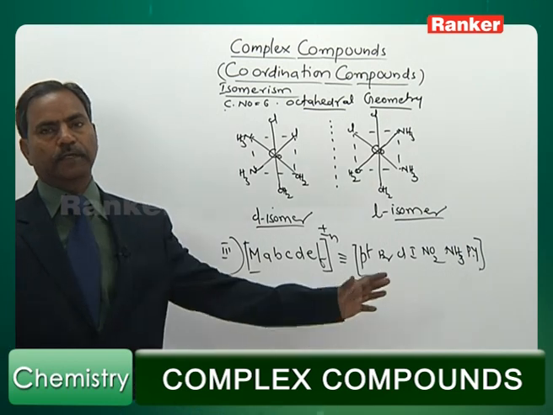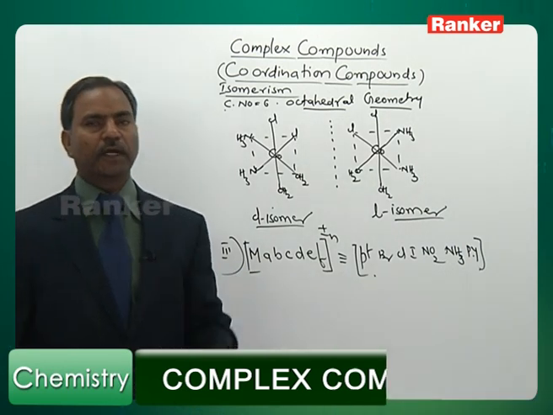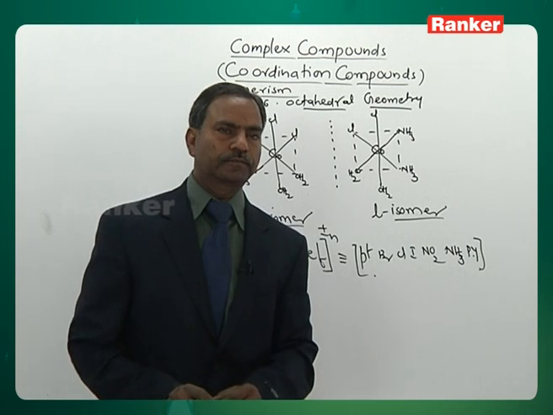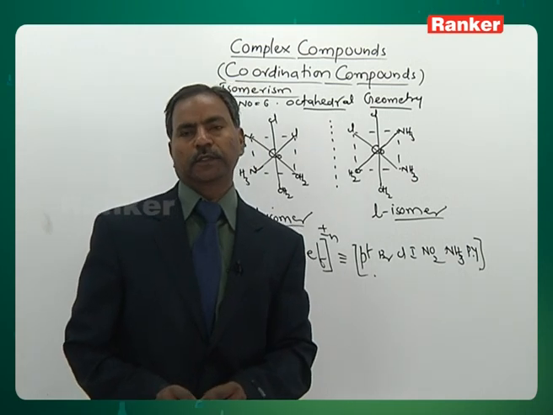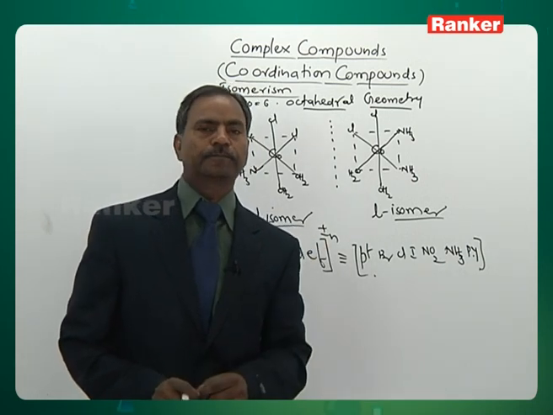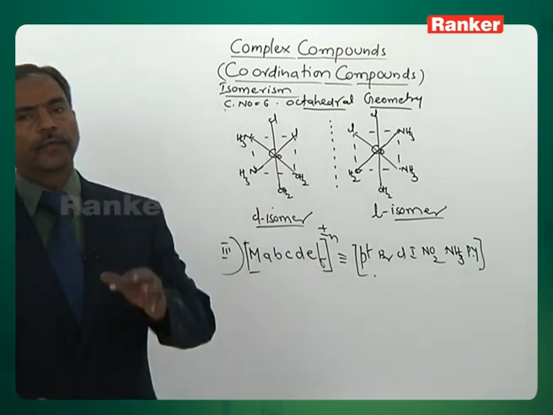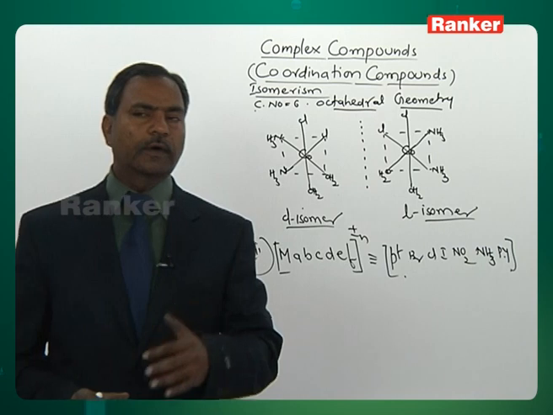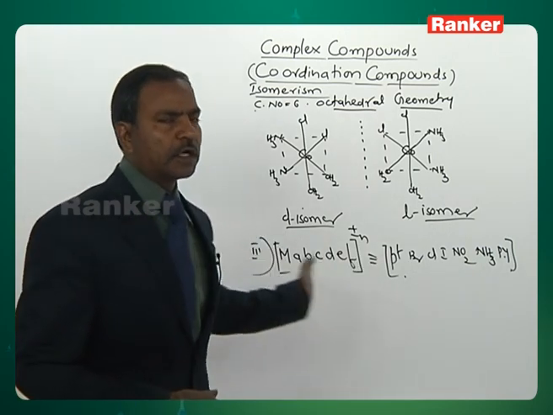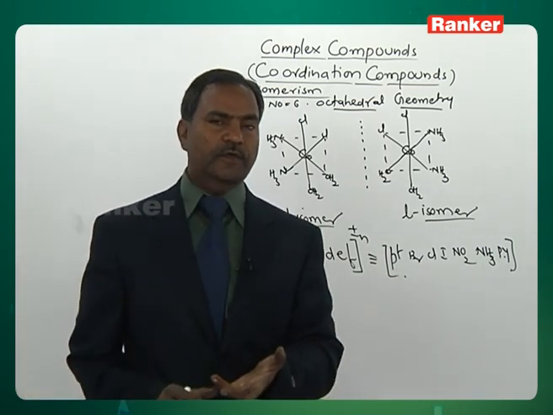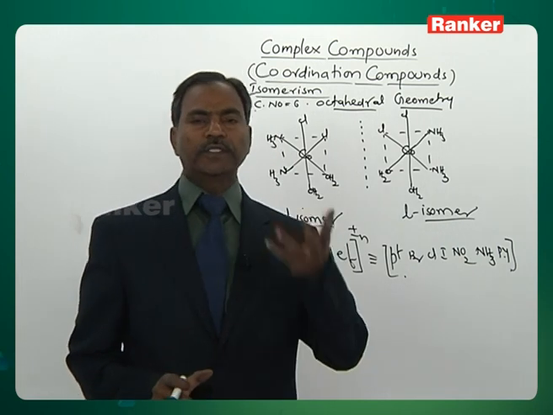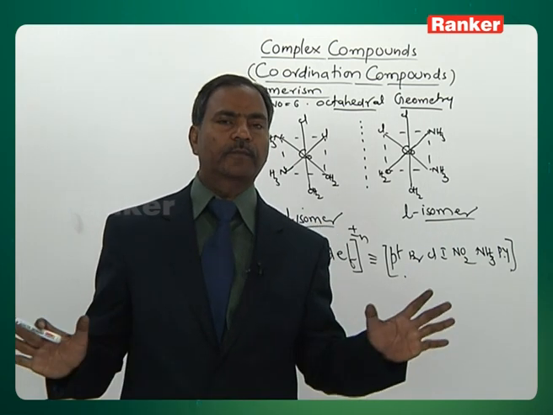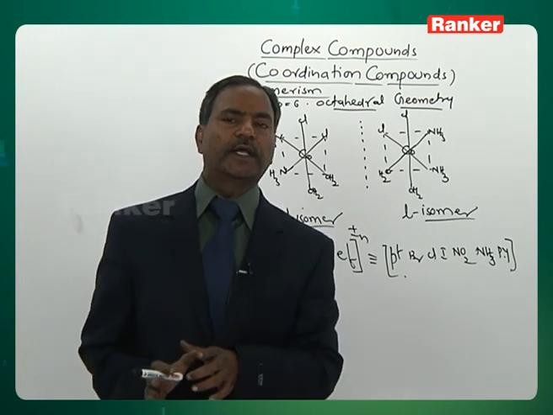I said for this, 15 geometrical isomers are possible, out of which 12 are cis isomers and 3 are trans isomers. But all these 15 geometrical isomers are unsymmetric because no two ligands are identical.